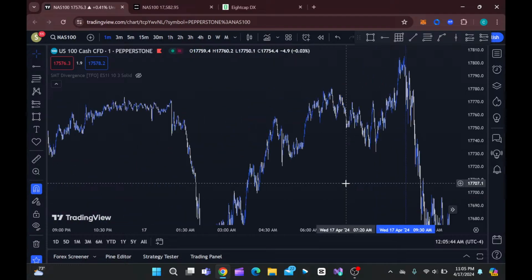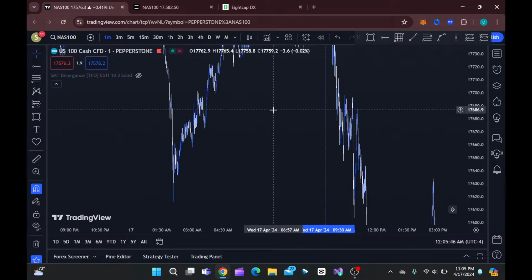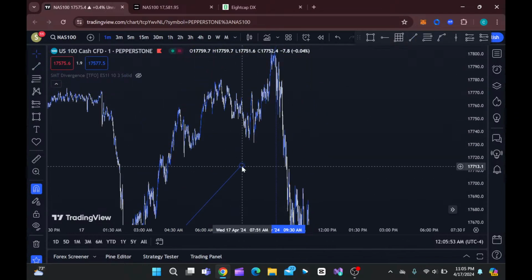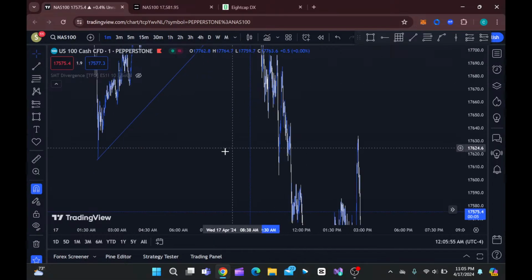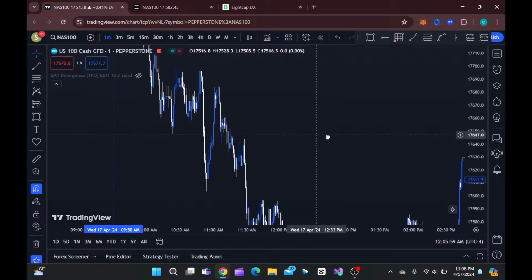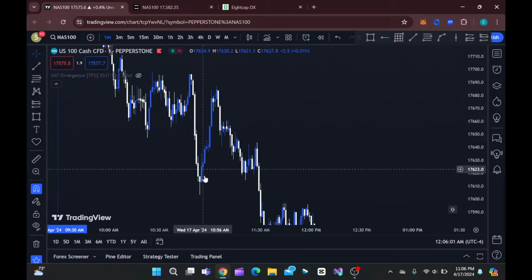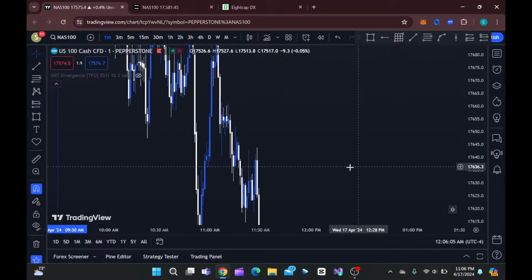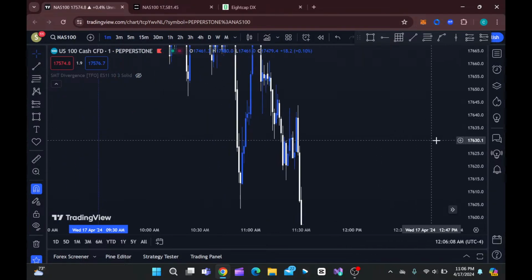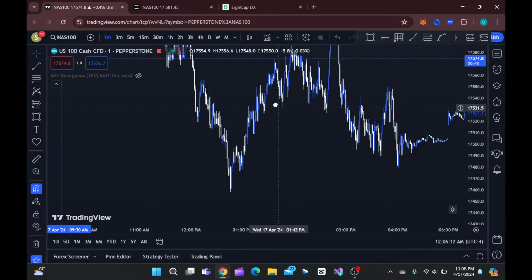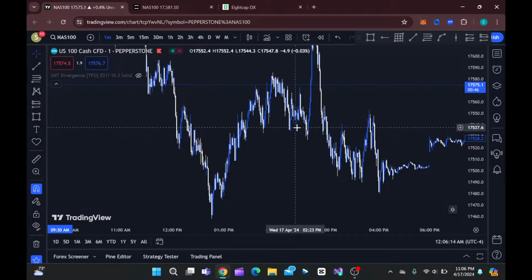Saw nothing. Boom, boom, boom. All this got swept, all this liquidity got swept. I was definitely looking for a setup over here. After this happened, I was looking for some sort of long over here. Nothing, I didn't see anything. And yeah, that's basically it.